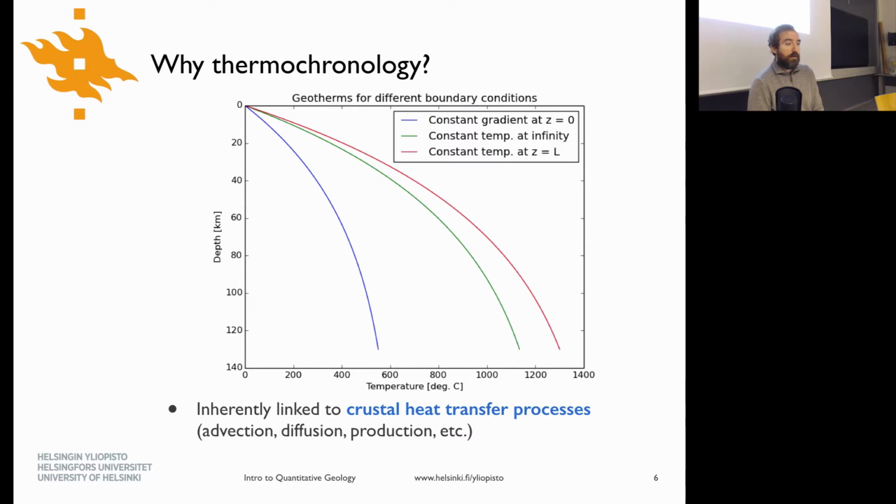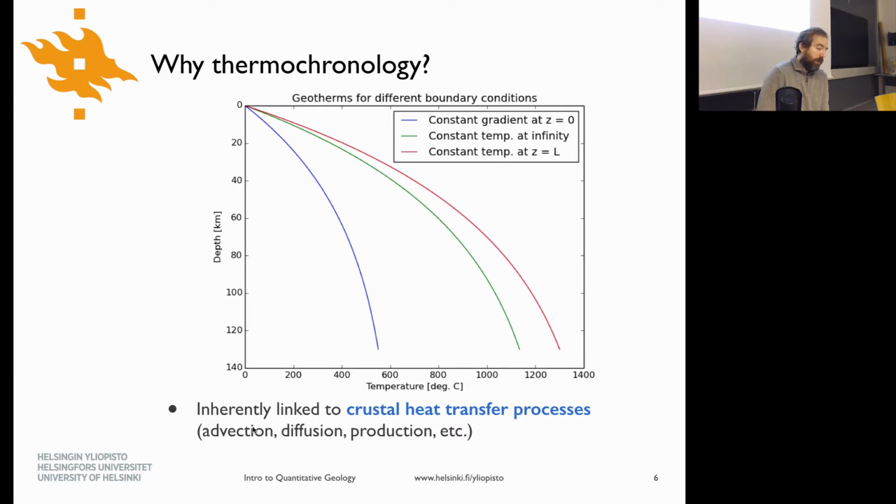It's also linked to some of the equations that we've seen already, because thermochronology, as you can tell from the name alone, is related to temperature. We didn't really look at the heat transfer process as an application of the advection or diffusion equations, but when we calculate temperature as a function of depth in the earth, you can use an advection and diffusion equation combined.